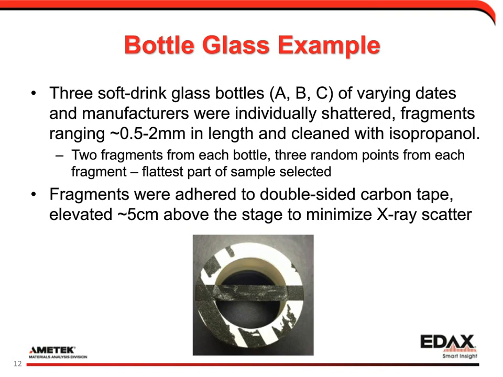The fragments were adhered to double-sided carbon tape and elevated above the stage as usual using a simple sample cup, and that was again to minimize stage scattering. So that leaves us with a total of 6 points for each glass bottle.